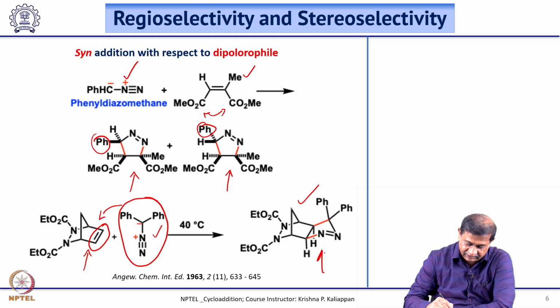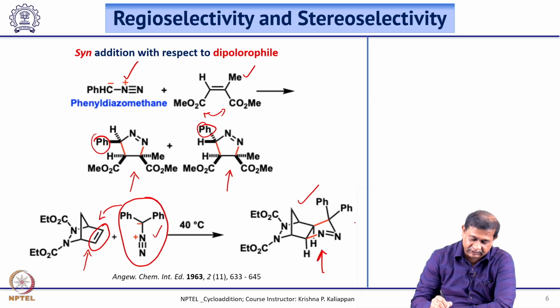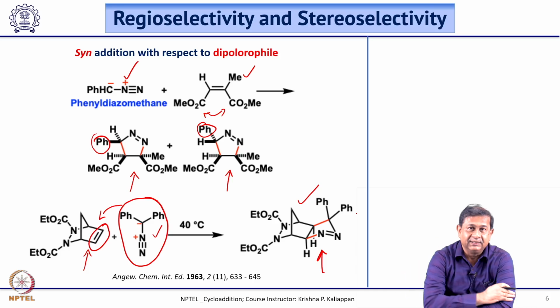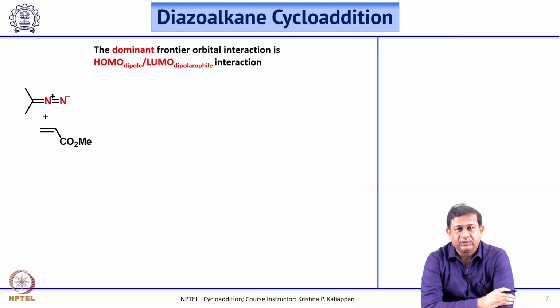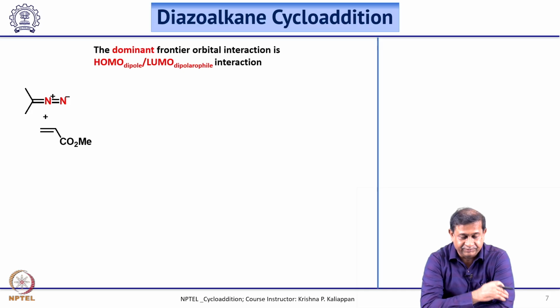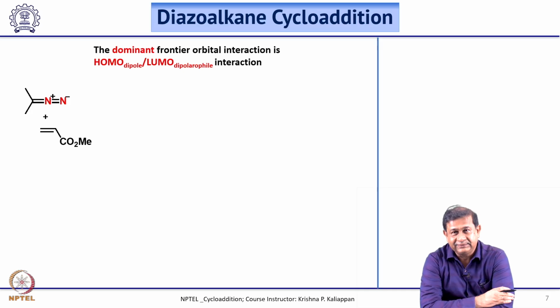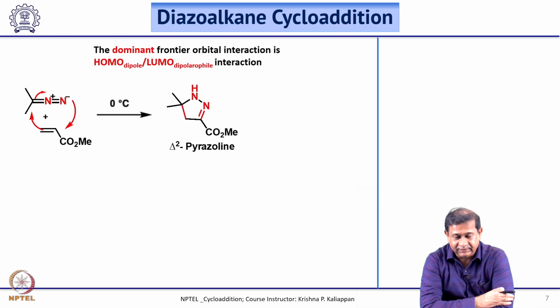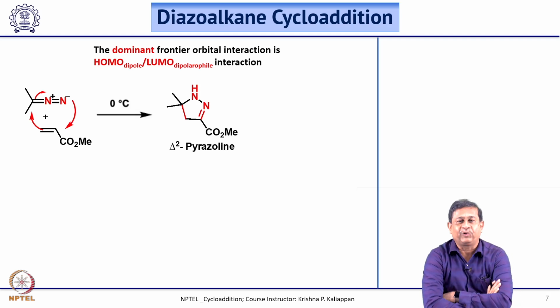That's why you can see in the tricyclic compound, this dipole comes from the exo face. And coming to the regioselectivity, it comes as a result of the HOMO-LUMO interaction, and particularly the HOMO of the dipole and the LUMO of the dipolarophile interact to give the 1,3 dipolar cycloaddition product.